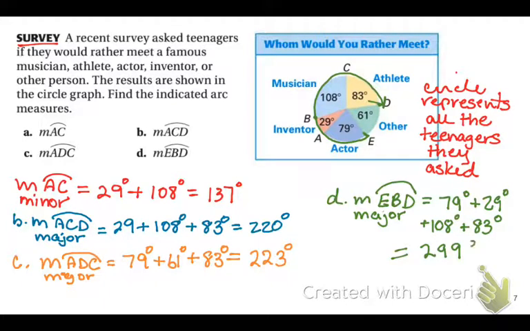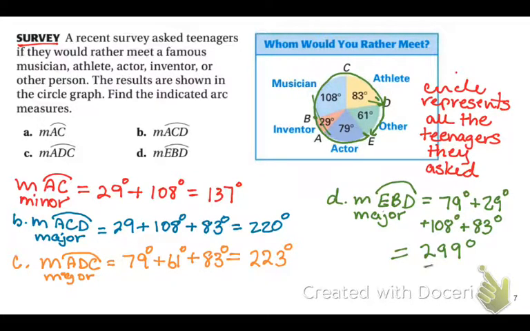Now, just to check ourselves, if we look at this EBD, and if we did our calculations right, we could add 61 degrees to that, and we should come up with the whole circle, which would be 360.